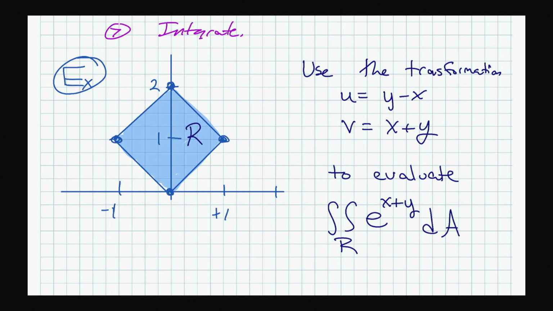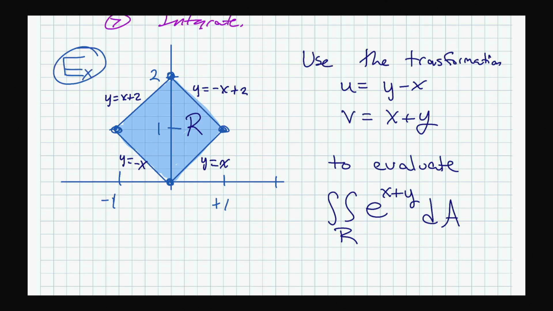One line is y equals x, that's down here. One line is y equals negative x plus 2, I think that's this one. One of them is y equals positive x plus 2, that must be this one. And one of them is y equals negative x, that must be this one.